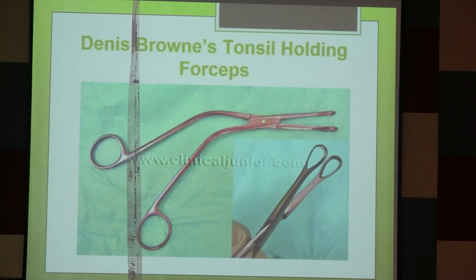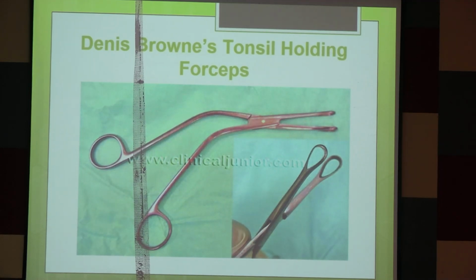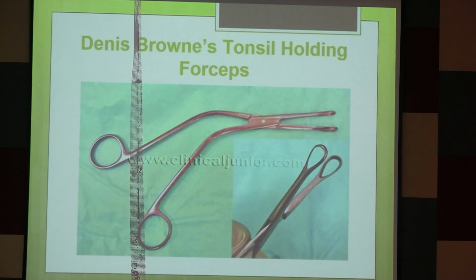We call it Tonsil Holding Forceps. If you are British enough to utter this, our scientist's name, it's Dennis Brown Tonsil Holding Forceps. Right? We hold the tonsil, we retract it medially to have the access on the tonsillar bed, right?